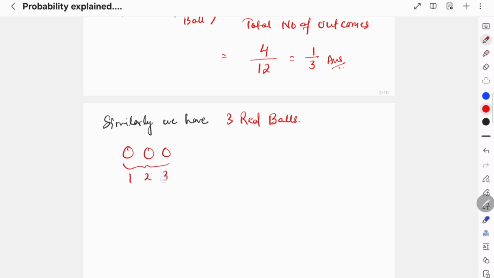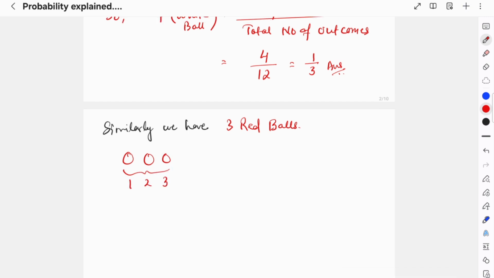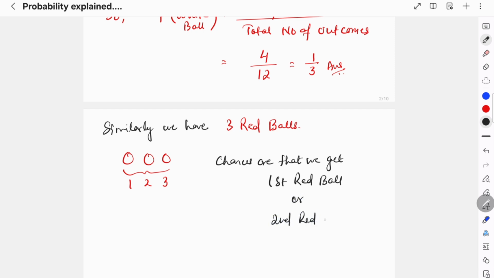Similarly, we have 3 red balls. When we are drawing a ball, we can get the first red ball, or the second red ball, or the third red ball. So the favorable outcome for the red balls will be 3.